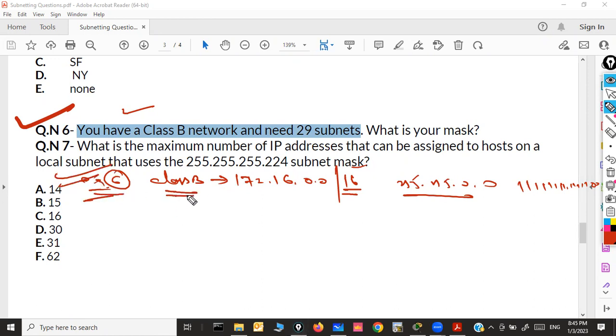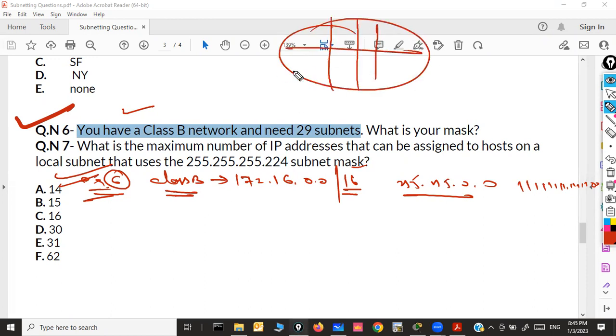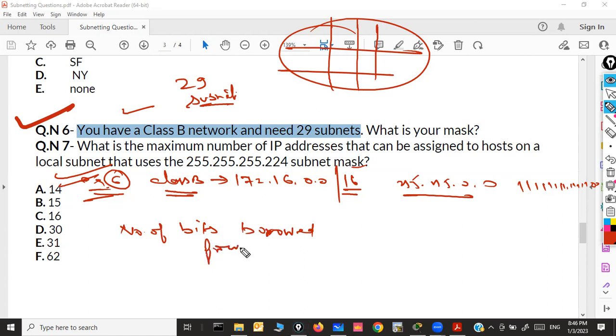For example, this is a class B network, and you have been asked to divide this network into a minimum of 29 subnets. So the first question is, determine the number of bits that need to be borrowed, that need to be taken from the host portion.